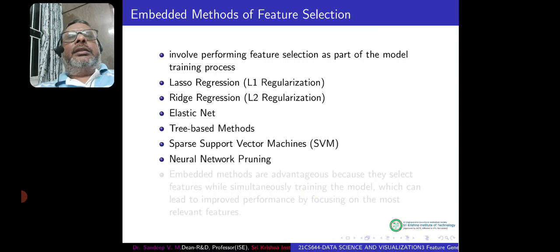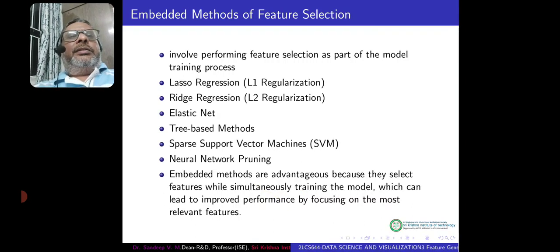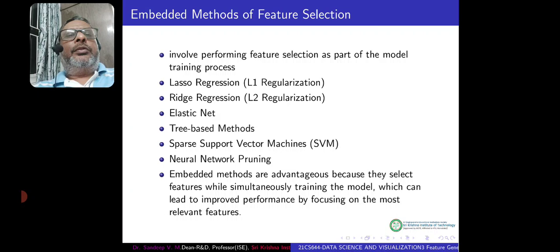We can use neural network pruning. These embedded methods are advantageous because they select the features while simultaneously training the model, which can lead to improved performance by focusing on the most relevant features.